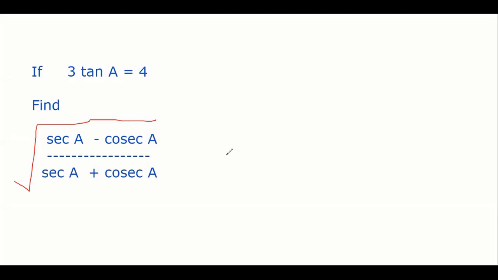Asta says root of 1 by 7. Correct. Both of you are the same. So I'll tell you my way of doing it.